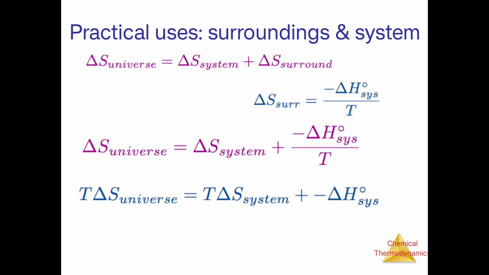This is the overall thing. The change in entropy of the universe is equal to the change in entropy of the system plus surroundings. Already I quoted the expression for the surroundings, which means every term in this expression will be multiplied by temperature.